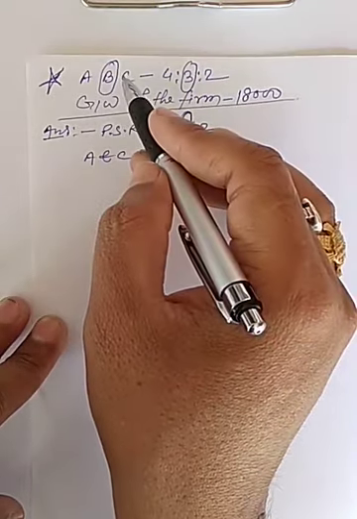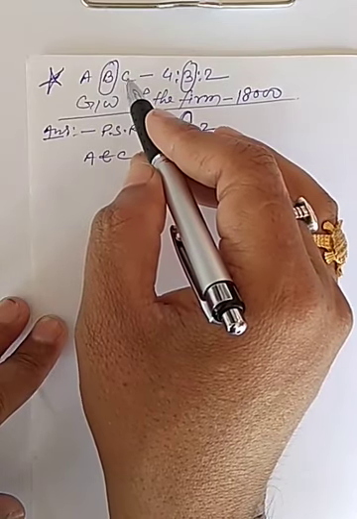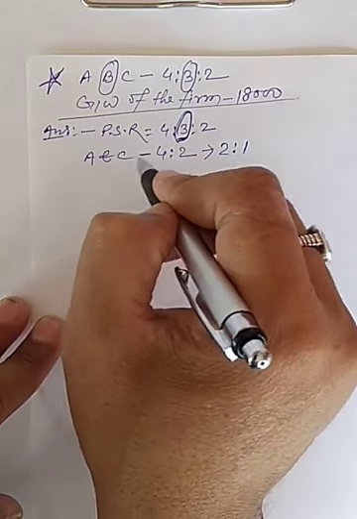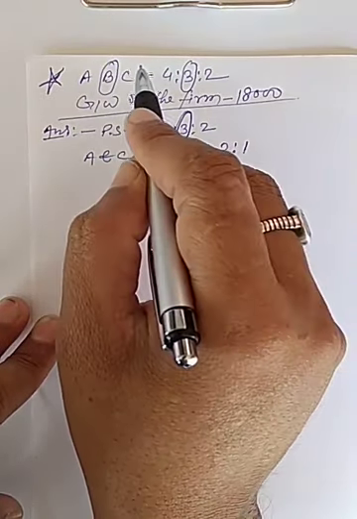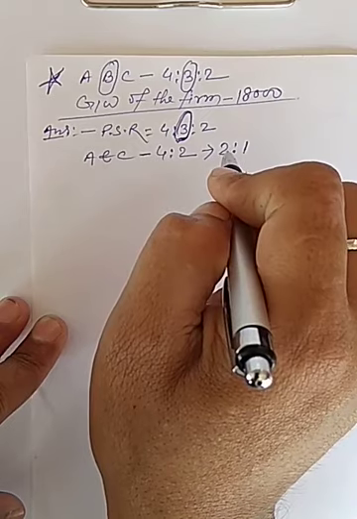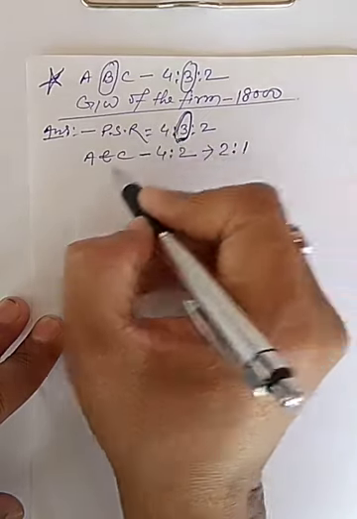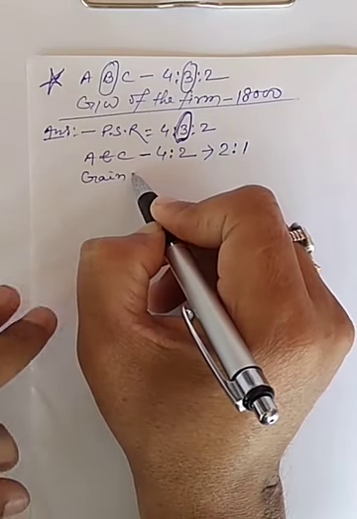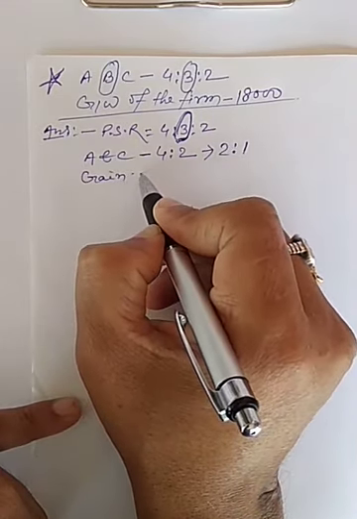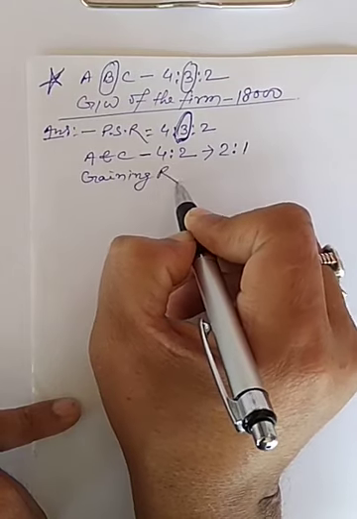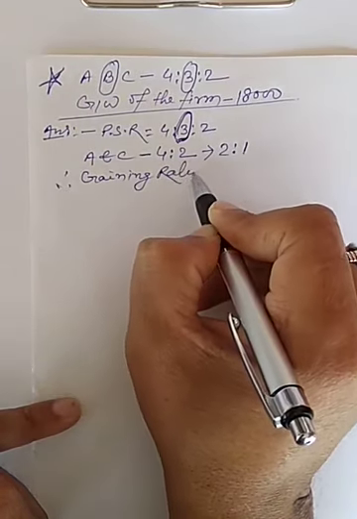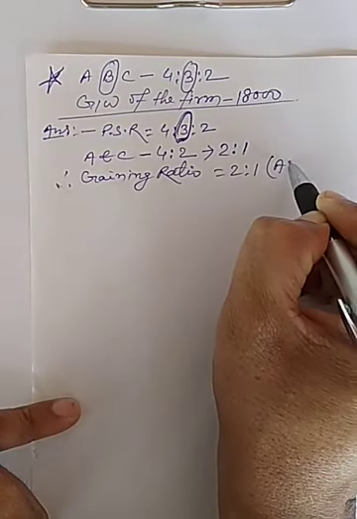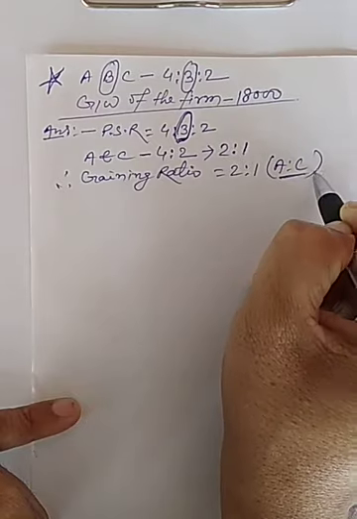So old ratio of existing partners, new ratio of existing partners and gaining ratio of existing partners will be the same. Therefore gaining ratio will also be 2:1 of A and C, because B is the retiring partner.